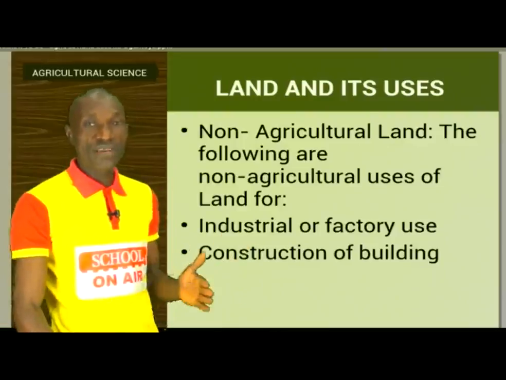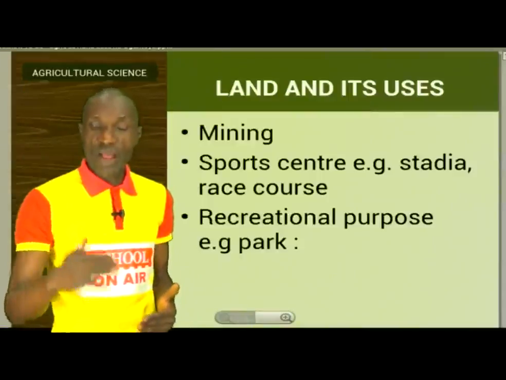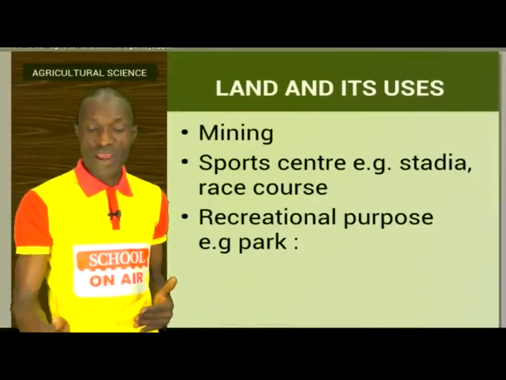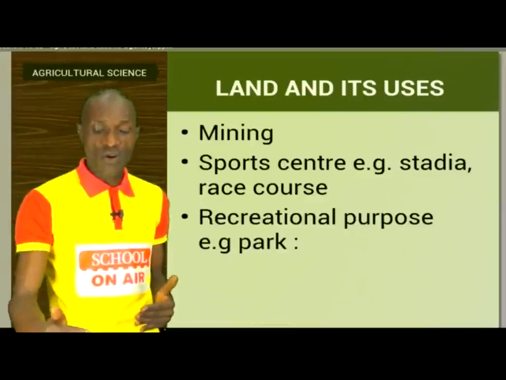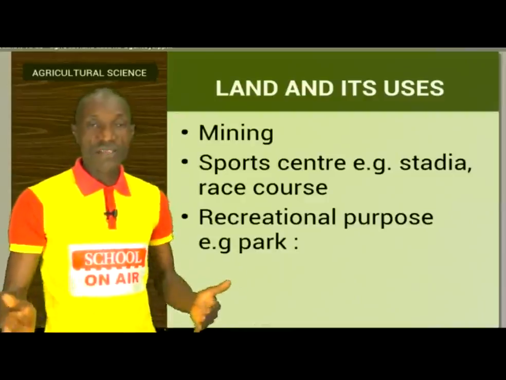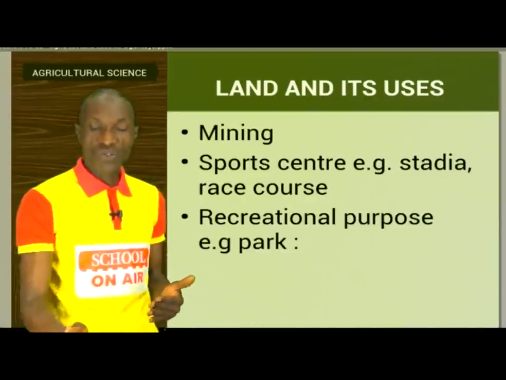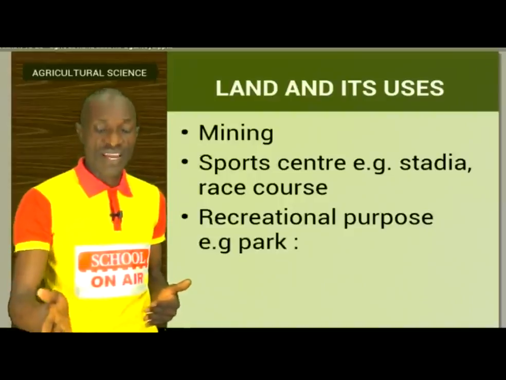Number two, you have the land that is being used for construction of buildings. We have another land that is being used for mining. We have another land for sports centers, e.g., you have the stadia, you have race courses, you have golf courses. All this comes under sports centers.